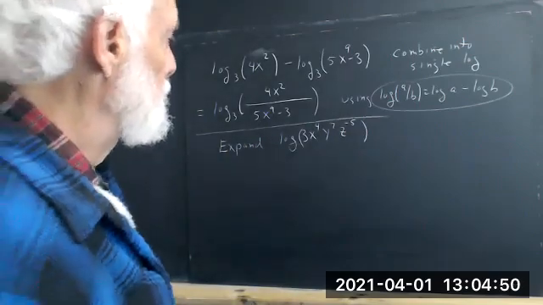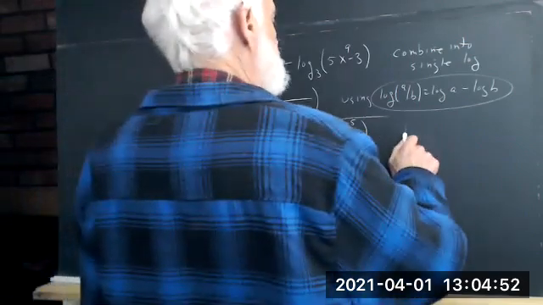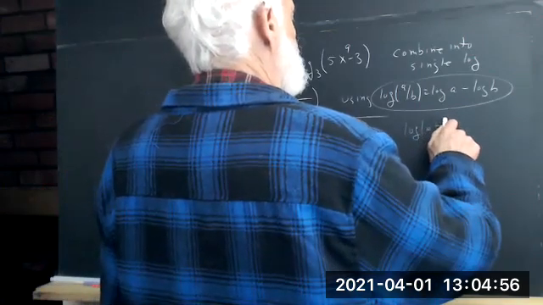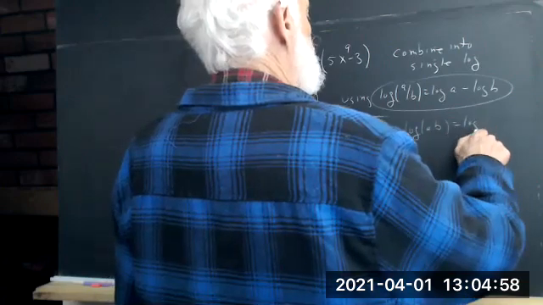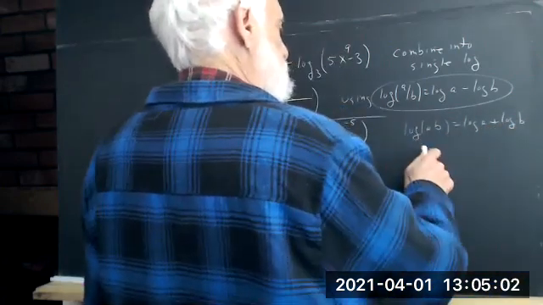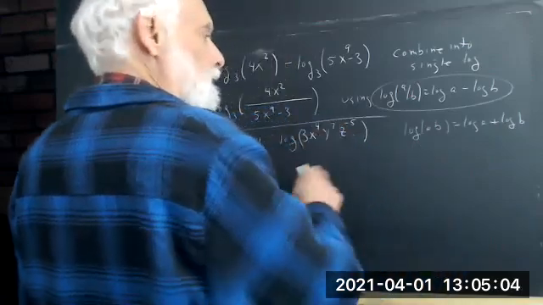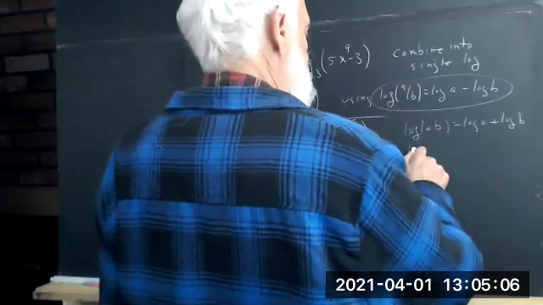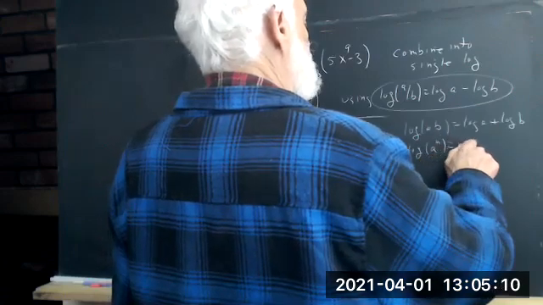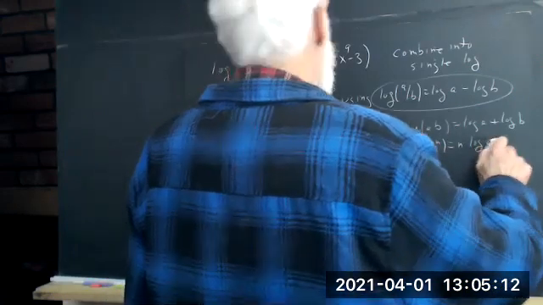Okay, well, we're going to use the rule that says a log of AB equals log of A plus log of B. And also, we've got exponents in some of these things. Log of A to the n equals n log of A.